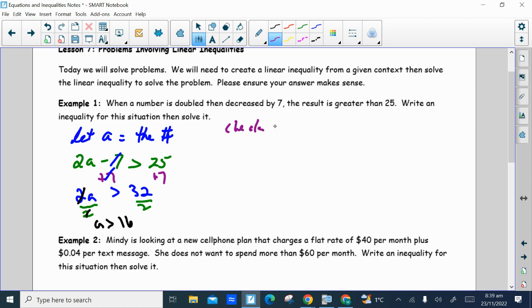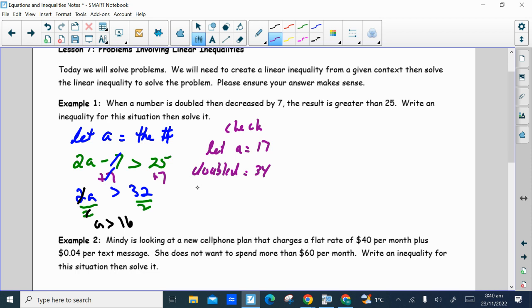Let's let a equal 17. Okay, so if we let a equal 17, if we double it, that'll be 34.